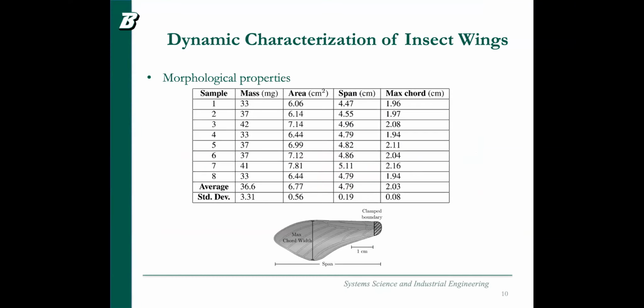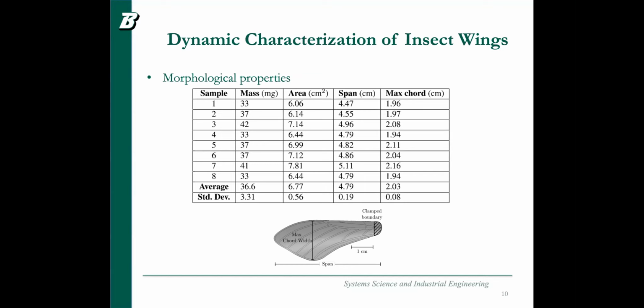So those are the real biological wings we use. We're firstly trying to do the morphological properties characterization, and also some dynamic characterization. As we're using the real wings, you can see we use 8 samples to measure the mass, area, span, and max chord.